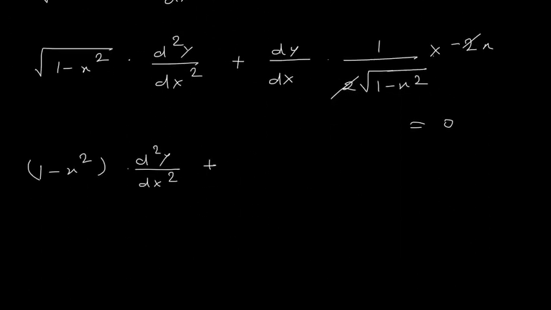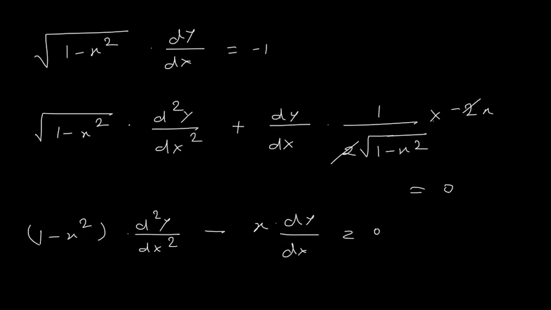So plus dy upon dx, this minus x will multiply, so it is not plus dy upon dx, it is minus, we have minus x into dy upon dx is equal to 0.